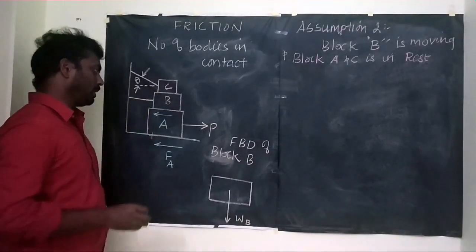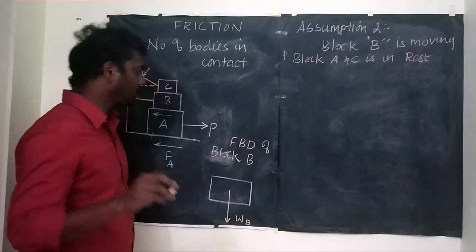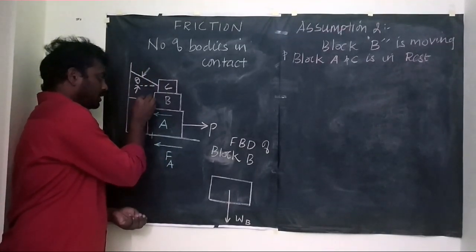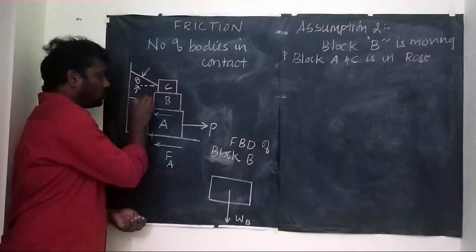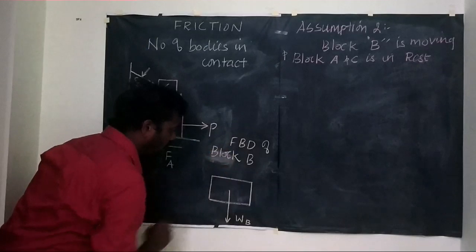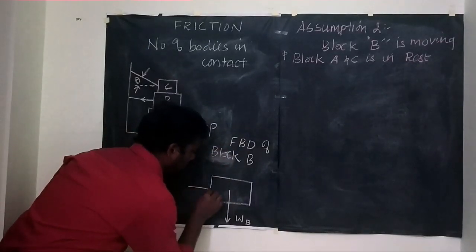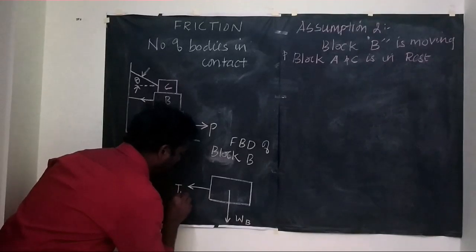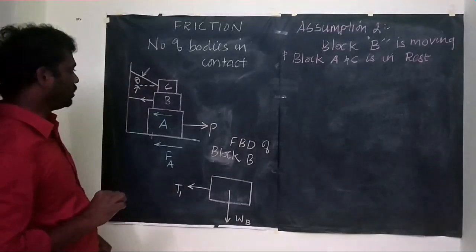on block B. The tension force is acting towards the left. I am going to mention it on the free body diagram. This is my tension force T1 acting towards the left.